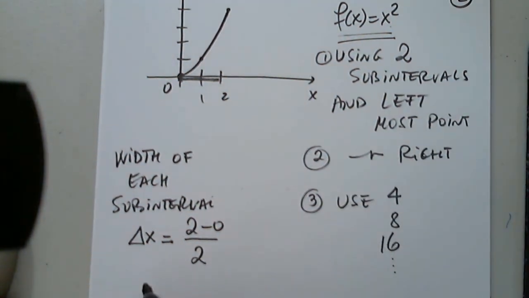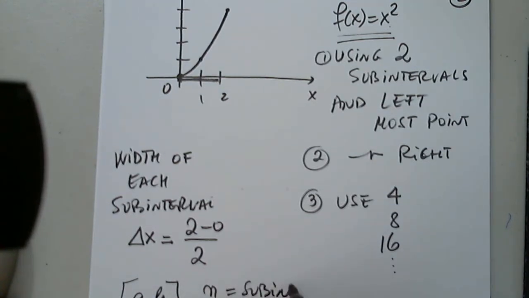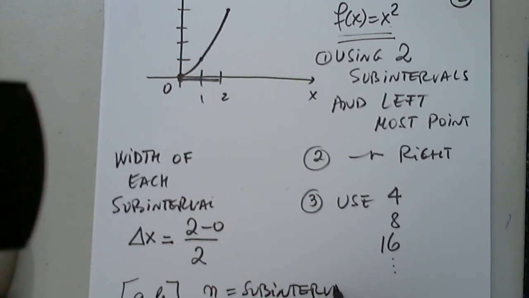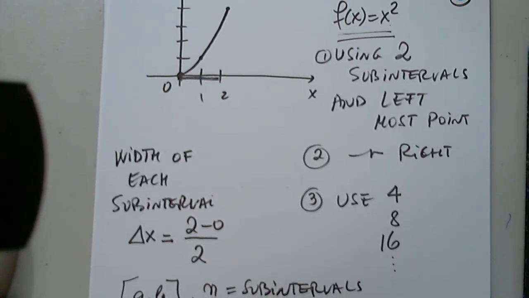The general formula for any interval a comma b and n subintervals will be, of course, delta x equals b minus a over n.